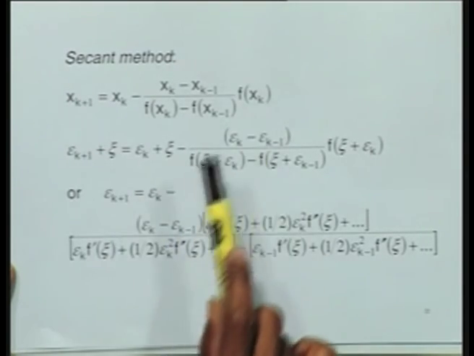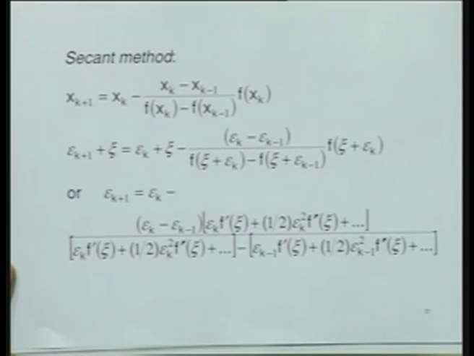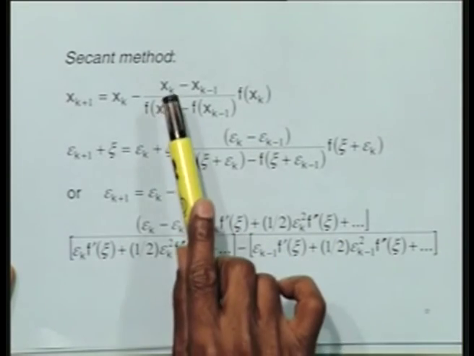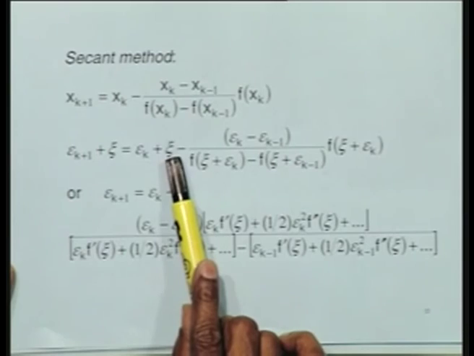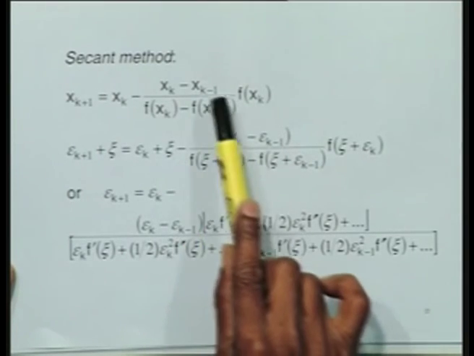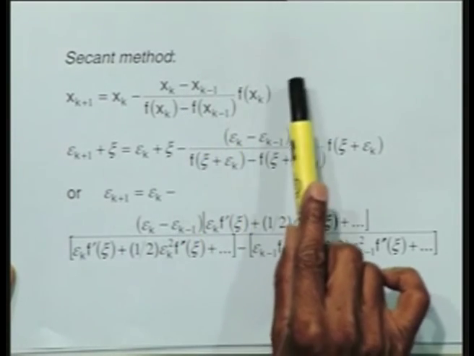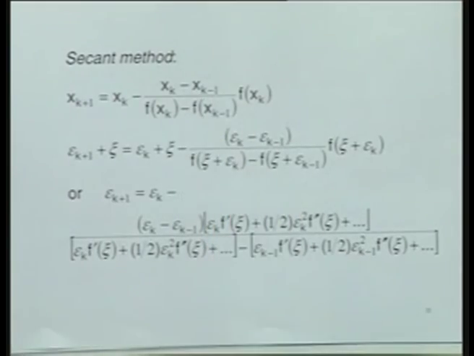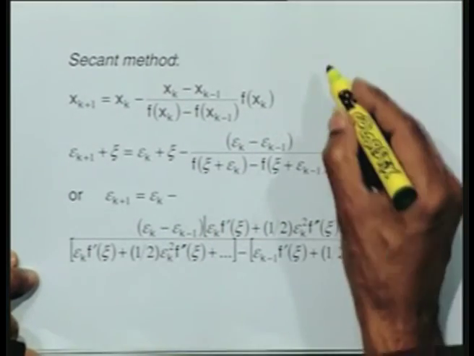This is the method that we have written so that error analysis can be made. The procedure is identically the same. We substitute xk by epsilon k plus xi, then xk minus 1 by epsilon k minus 1 plus xi, as we have written it the previous time, we will write it again here.